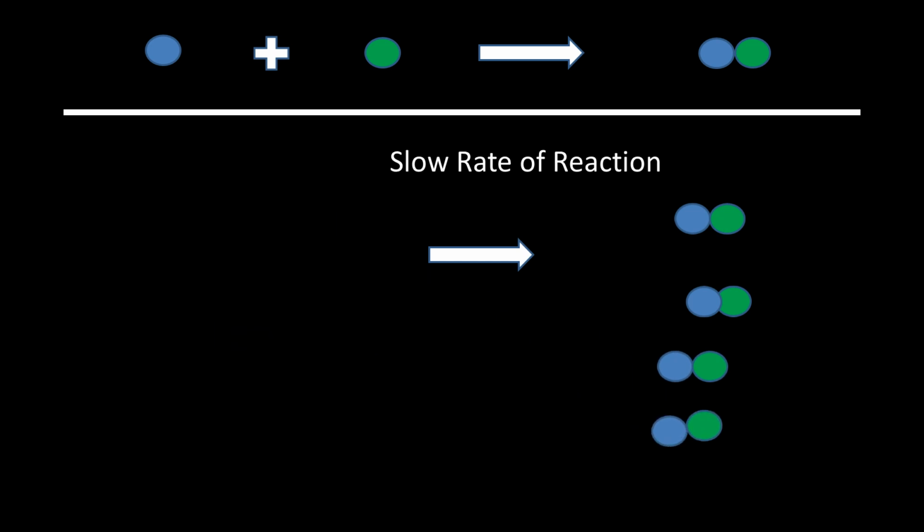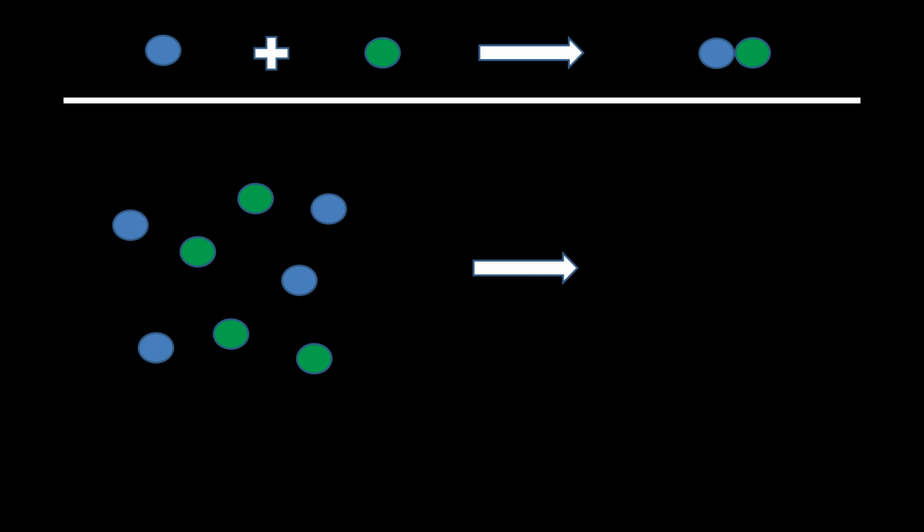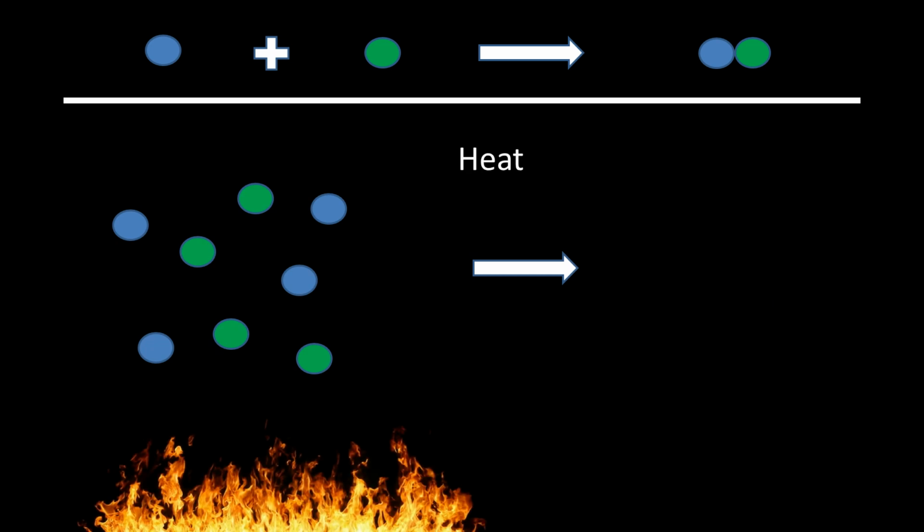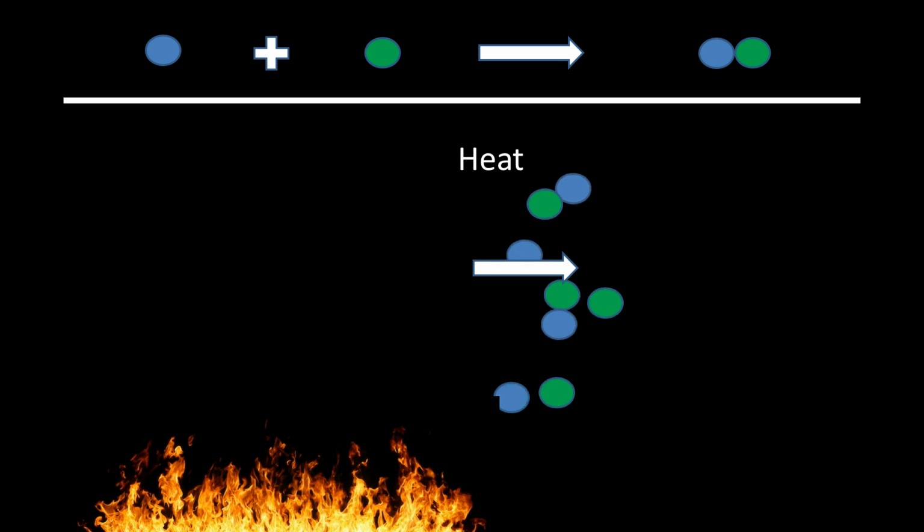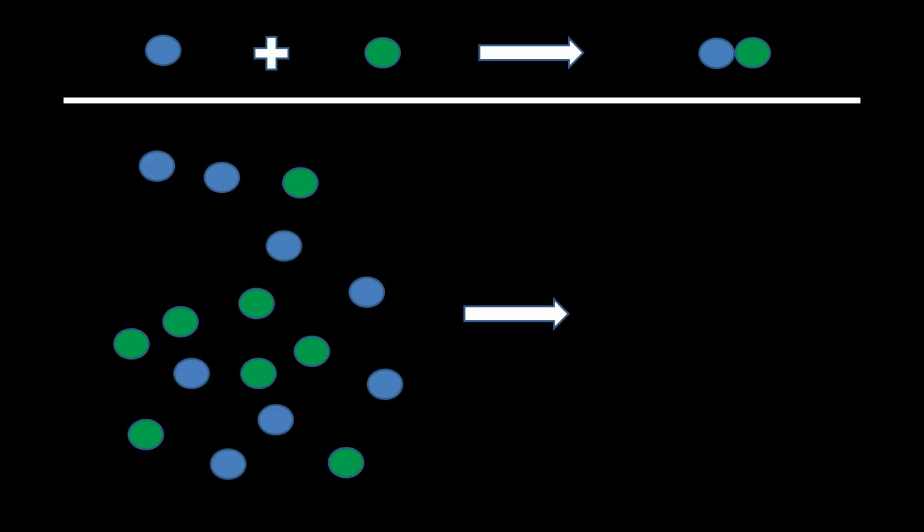Some of the things that can speed up a rate of reaction include one, heat. If you heat up the reaction, then that's going to provide more energy for these particles, and they're going to be moving faster, and that reaction is going to occur more quickly.